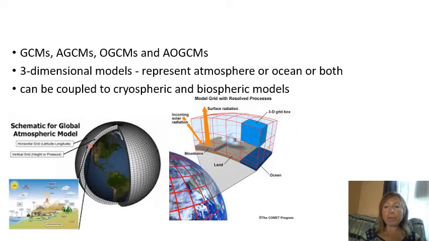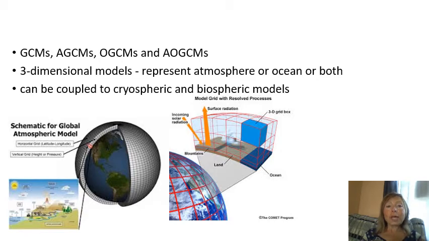These GCMs today are pretty complex. There are AGCMs that represent just the atmosphere, OGCMs that represent just the ocean, and then AOGCMs that represent both. All the contemporary climate models that we are going to talk about in this class are actually AOGCMs, and they include not only the atmosphere and the ocean, they also represent other parts of the climate system, such as the cryosphere, the sphere of ice, and some elements of the biosphere, the biological sphere.